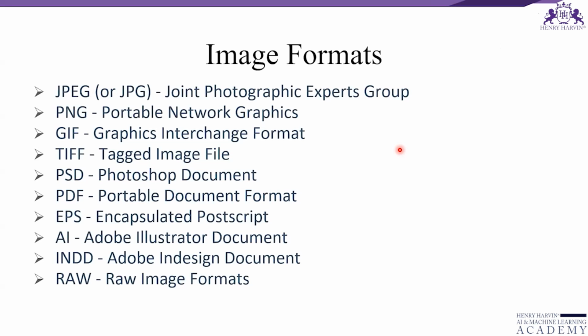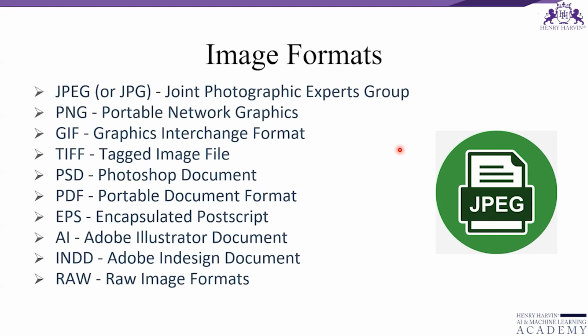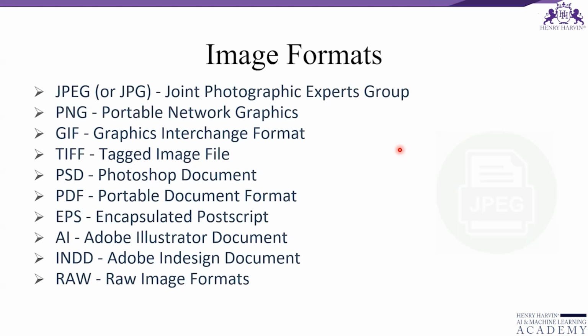So when we talk about image formats, generally what we say is JPEG is a lossy compression and PNG is lossless compression, which means whenever we work with JPEG, there's a high chance of losing information, right? So let us look into the most important part about each format.